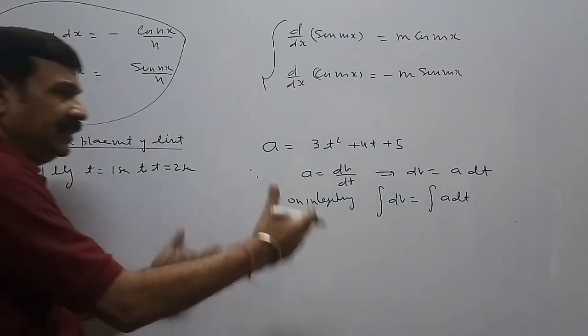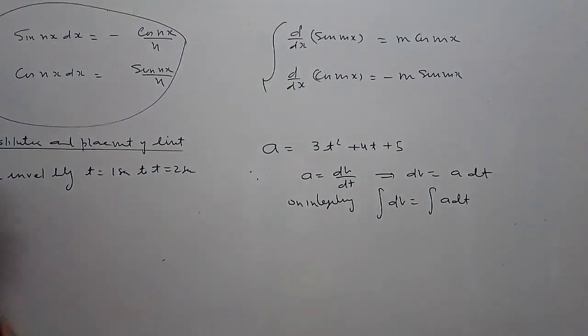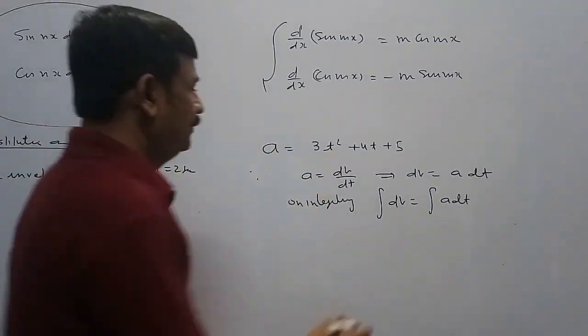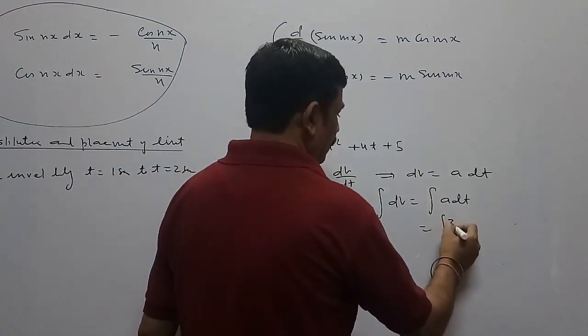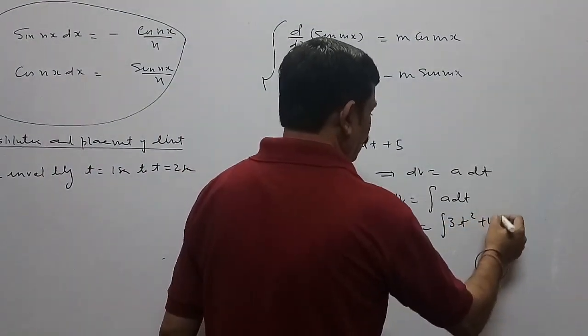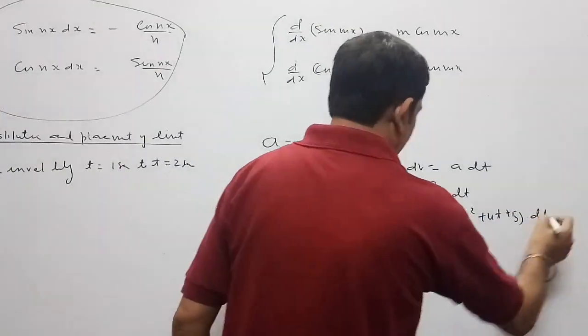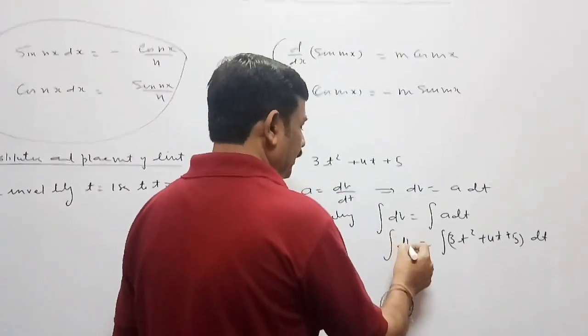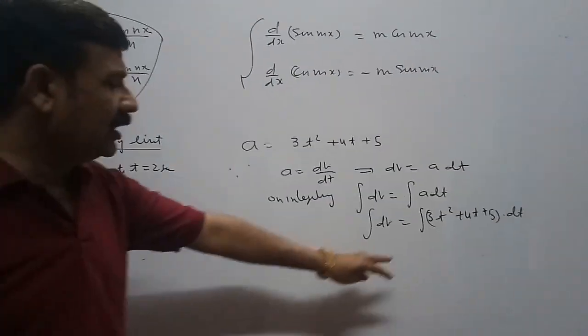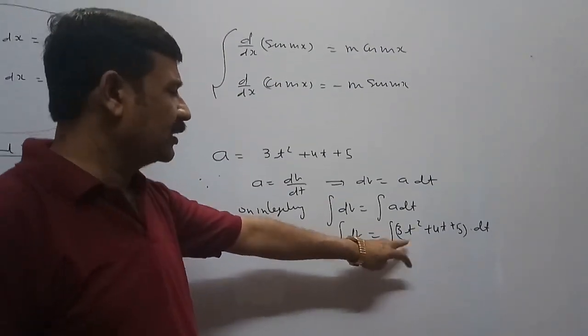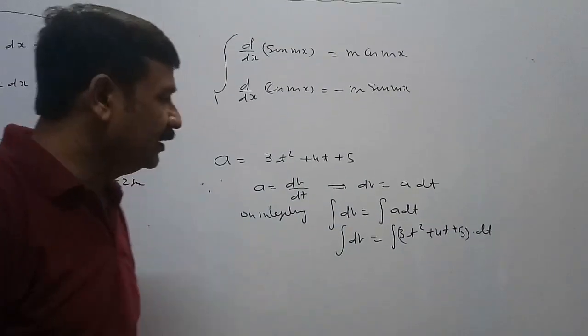We have applied only the integration operator. The value of a is 3t square plus 4t plus 5 into dt. This is the value of integration of dv. Now this is the place for the lower limit, and this is the place for the upper limit.